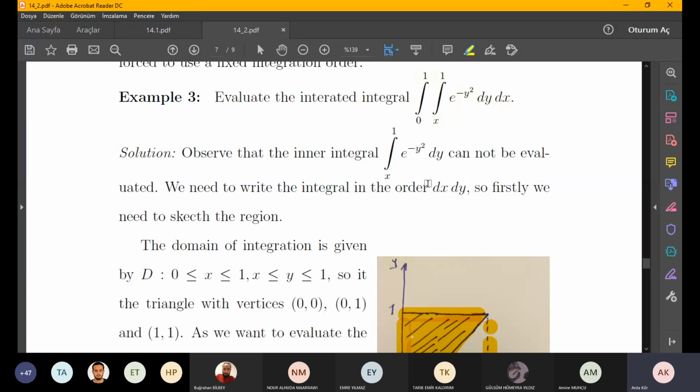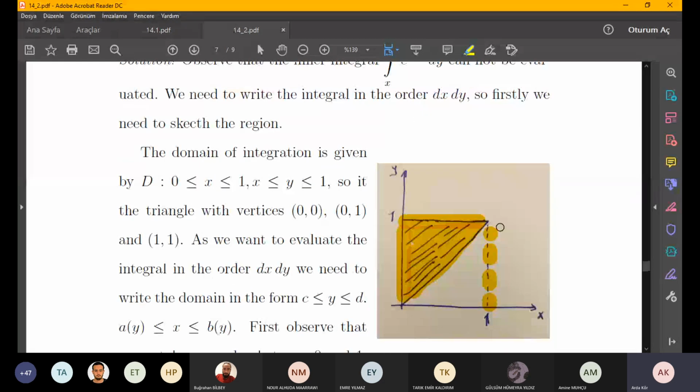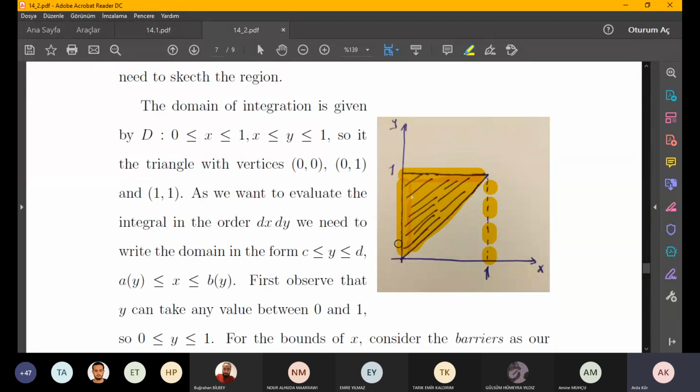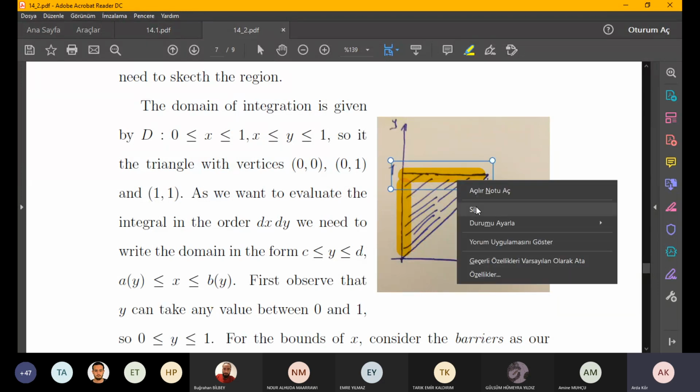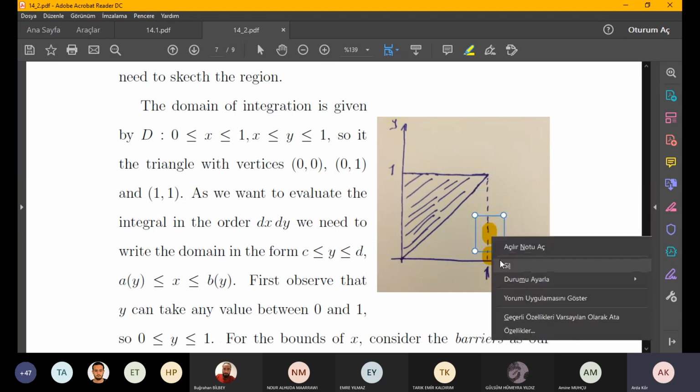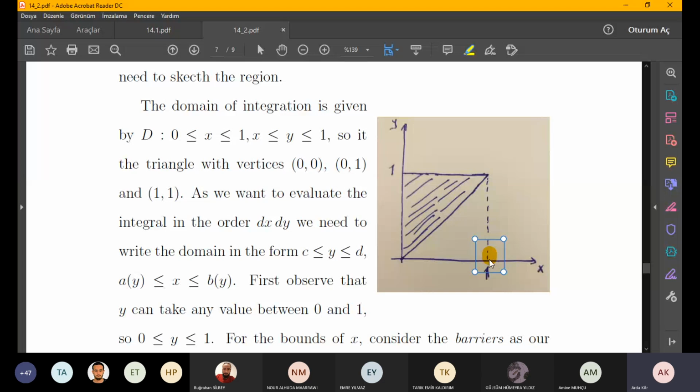And to do that, we have to first sketch the domain of integration as we had here. So this is the shaded area, which is a triangle with vertices (0,0), (0,1) and (1,1).